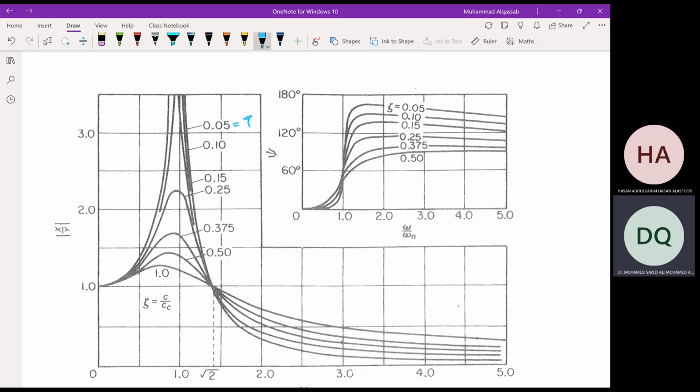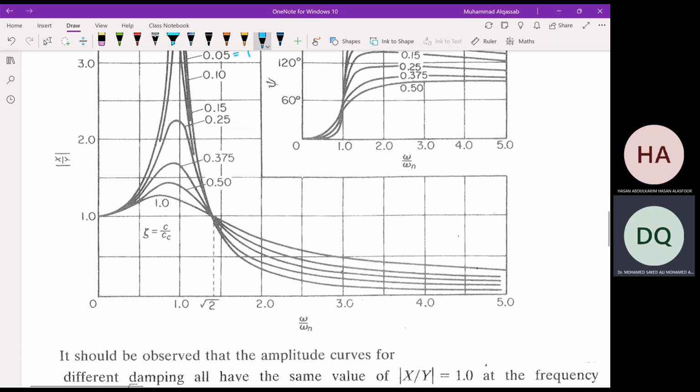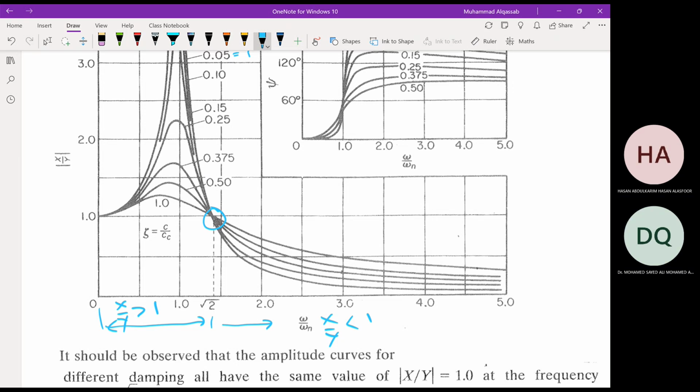And you can see there are clearly two regions: X over Y is greater than 1 from 0 to square root of 2, and equal to 1 at square root of 2 regardless of zeta. All the curves will meet here. And the second region is where X over Y is less than 1. So the three cases I mentioned, that x can be greater than y, less than y, or equal to y, are very clear here.